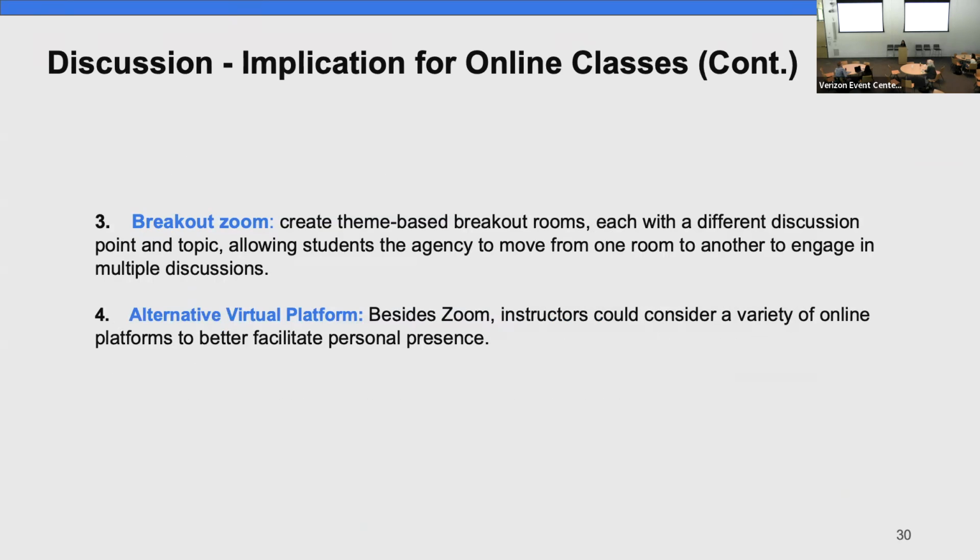And also, besides Zoom, we noticed that some other alternative platforms can facilitate a better personal presence, such as the Gather Town platform. So we suggest that instructors can try different platforms.